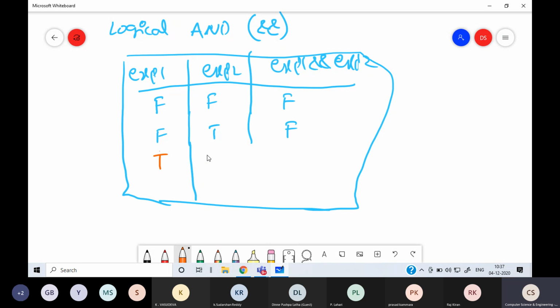When expression 1 is true and expression 2 is false, the result is false. Only when both are true, the result is going to be true. So if you use logical and on two expressions, the result will be true only when both are true. If at least one of them is false, the result is going to be false. That is the logical and operation.